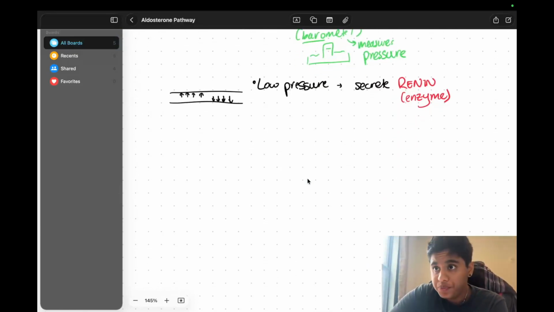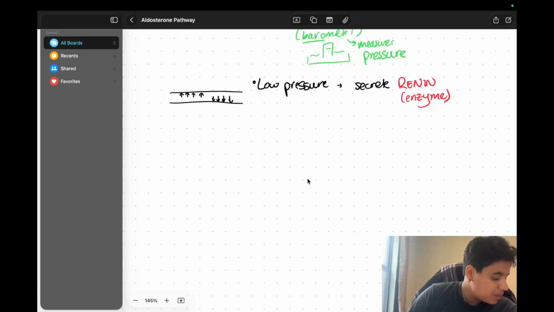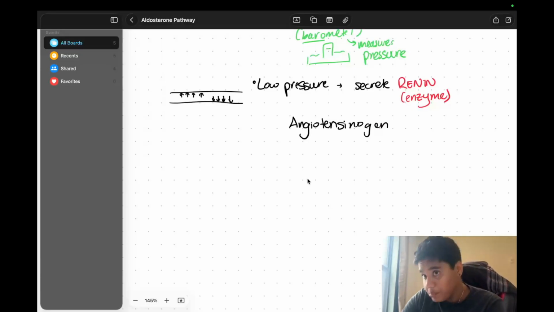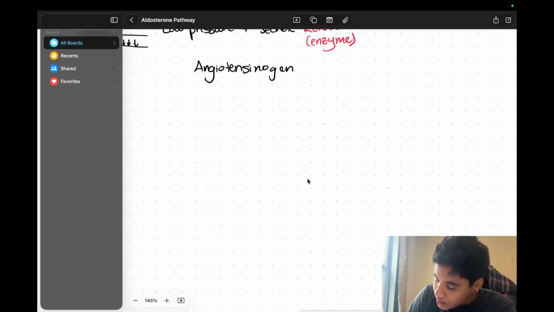What does renin do? So what renin does is there's a zymogen. A zymogen, which is an enzyme precursor, called angiotensinogen. The way that I know that this is a zymogen is not because I memorized that, but because this suffix, ogen, usually tells me that it's a zymogen.